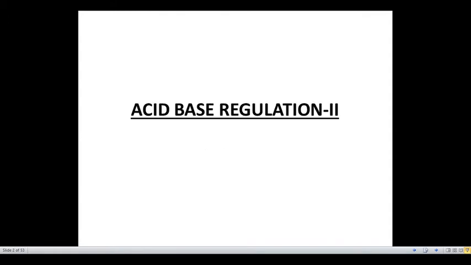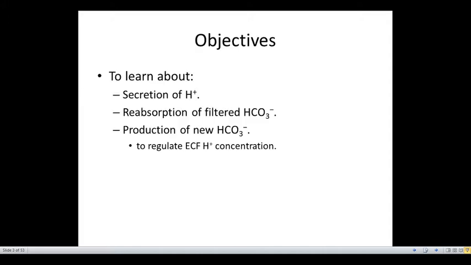We will continue with the acid-base regulation. The objectives of today's lecture are to learn about secretion of hydrogen ions, reabsorption of filtered bicarbonate ions, and production of new bicarbonate ions to regulate extracellular fluid hydrogen ion concentration.